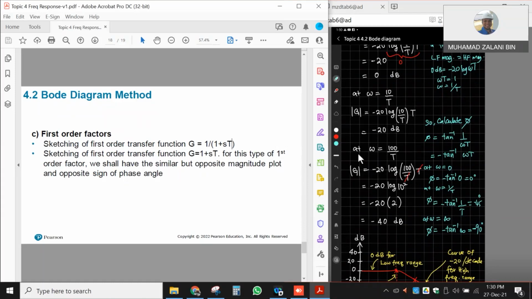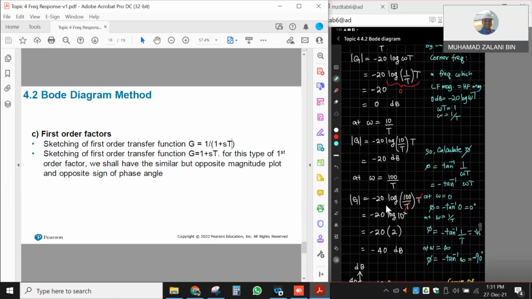And then as omega increases to 100 over t, substituting in this equation, this term becomes 2 when we cancel t, since this is 10 to the power of 2. So negative 20 times 2 is negative 40 decibel. So we see the gain decrease from 0 to negative 20 to negative 40 decibel. That is for the magnitude.